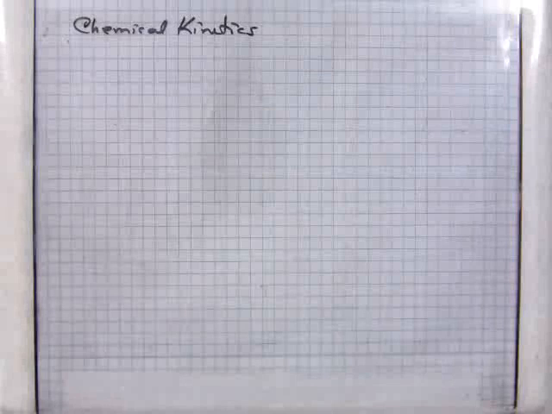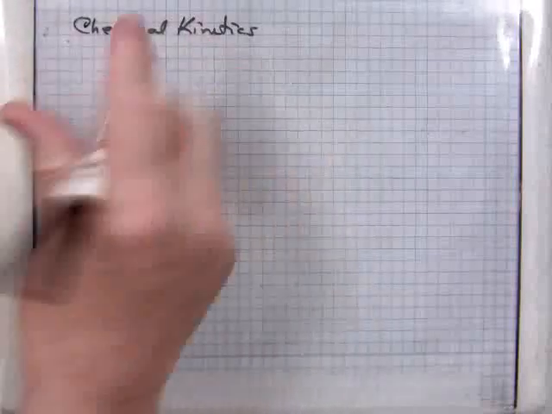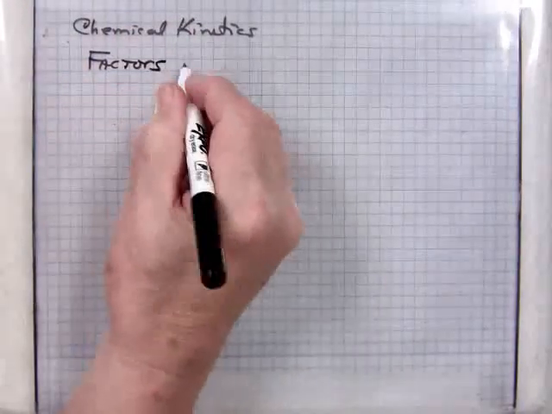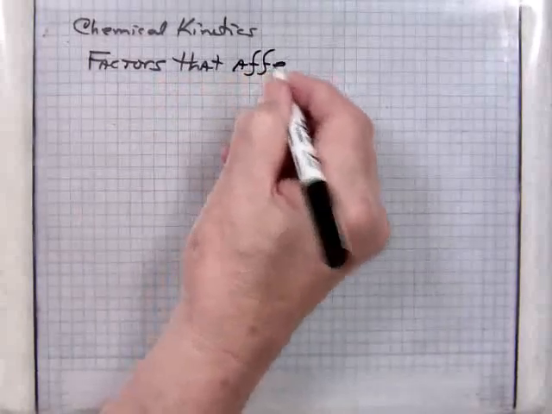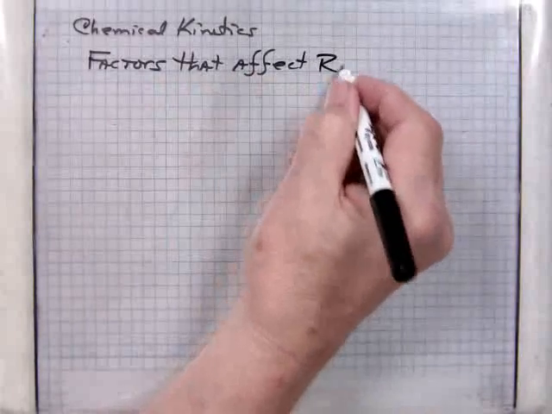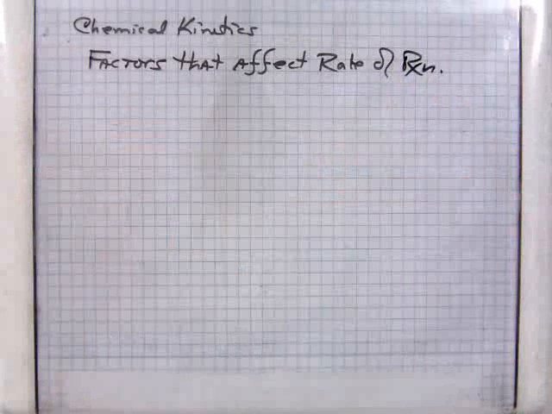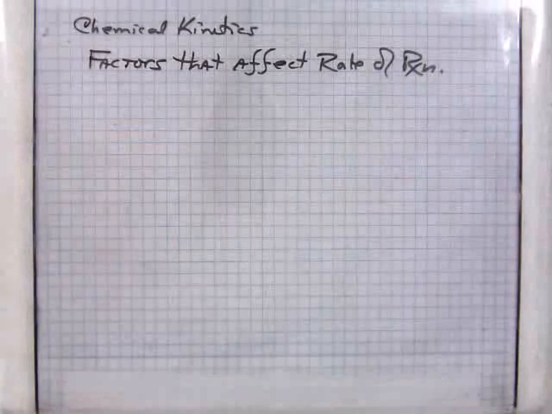So as we start our work on chemical kinetics, we need to understand what factors affect the rates of reaction, and then apply those factors to what we call rate laws.